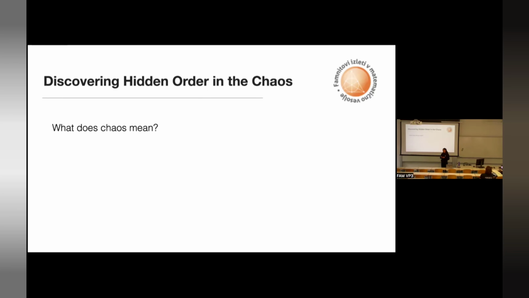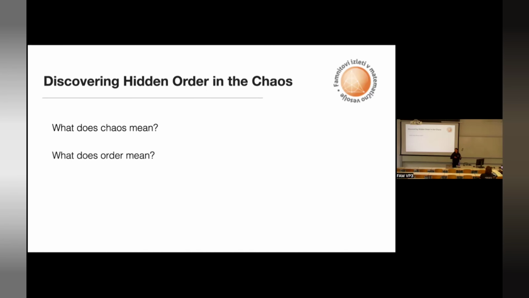Usually, what does it mean that something is chaotic? In general, we cannot find a pattern, or we don't know much information about this structure, depending on where we are asking.